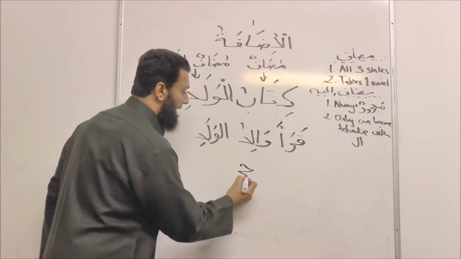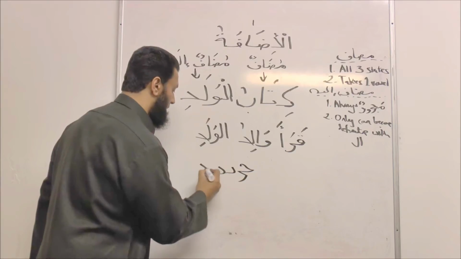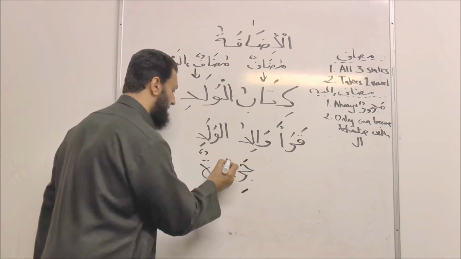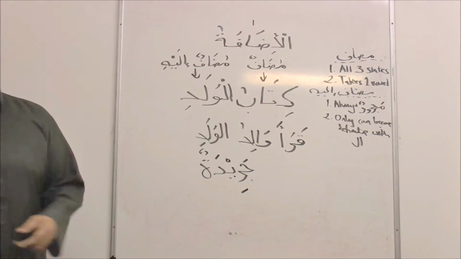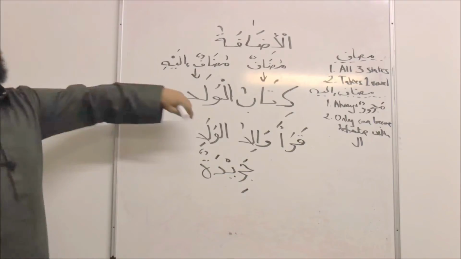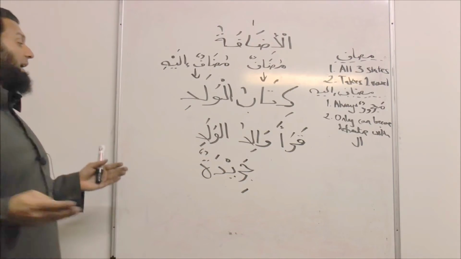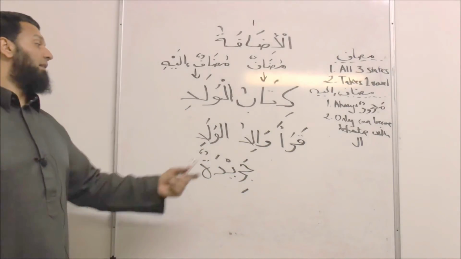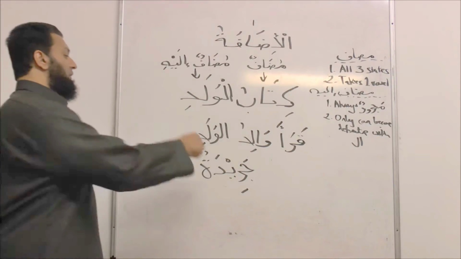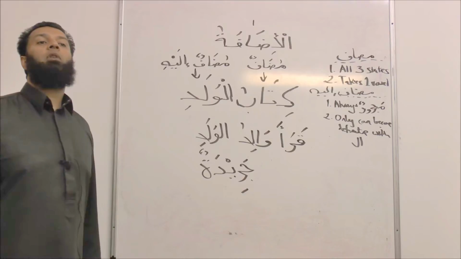So you don't know the word for newspaper. A newspaper is jaridatun and sahifatun, but we'll stick with jaridatun. So how do we complete our sentence? By using jaridatun.